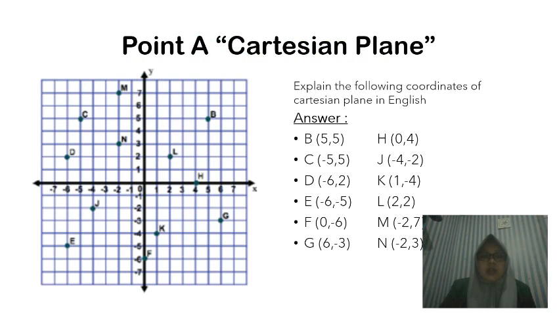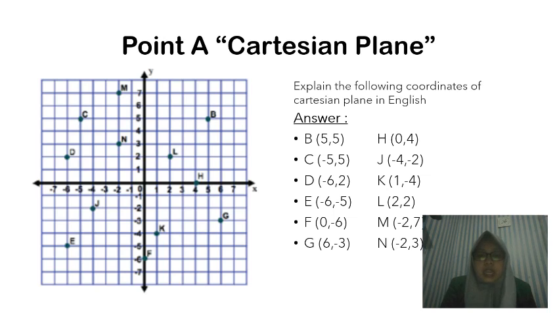Next, point A, Cartesian plane. The question: explain the following coordinates of the Cartesian plane in English. Answer: the coordinate of point B is 5 to the right of the origin and 5 units above the origin.